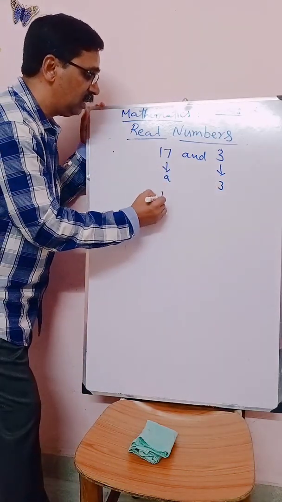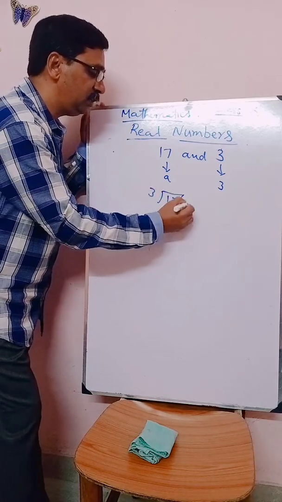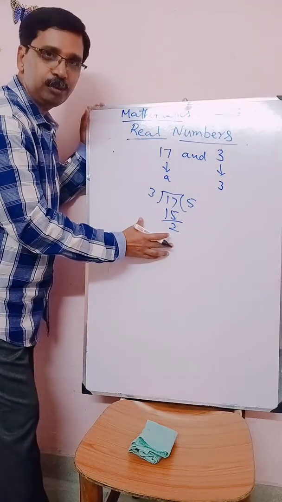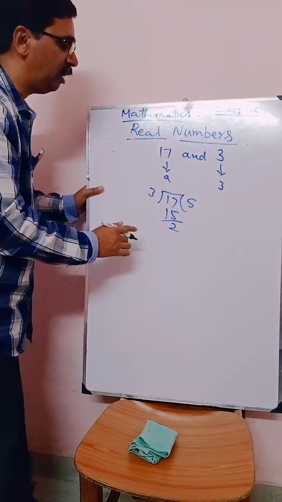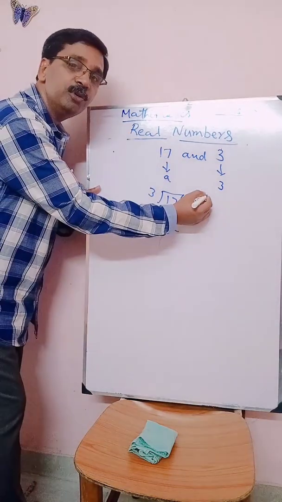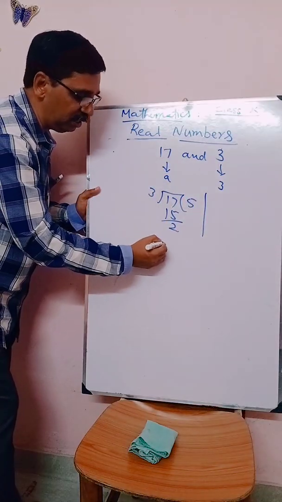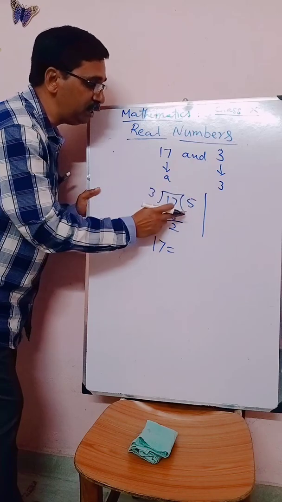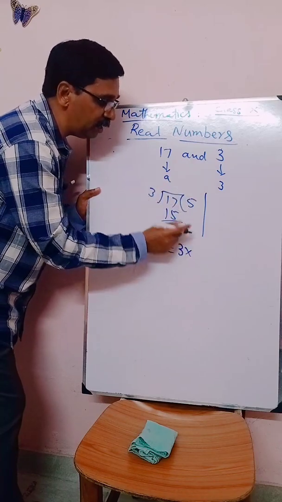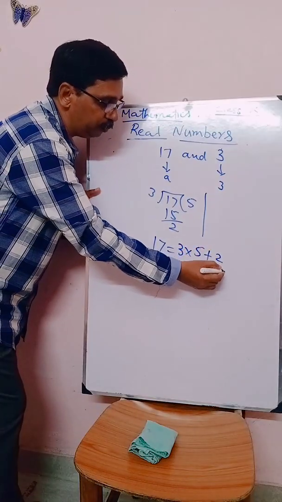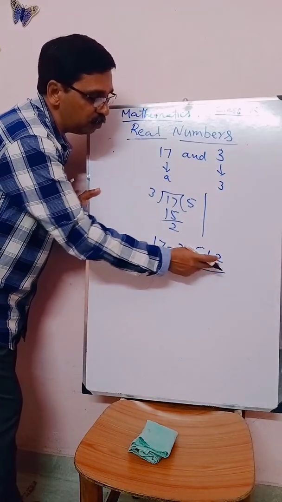That means 3 fives are 15 and 2 is the remainder. This is the long division process. When we put it in the form of Euclid's division lemma, it comes like this: a, that is 17, is equal to b, that is 3, multiplied by q, 5, plus remainder 2. So a equal to bq plus r.